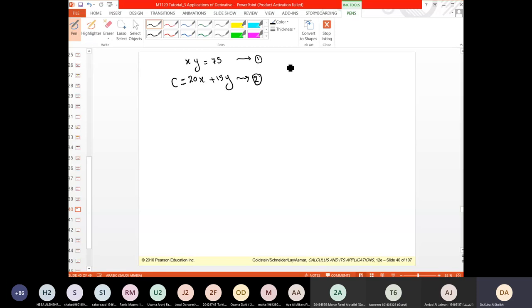This is my cost. So from equation 1, I can get x is equal to 75 divided by y. Let me call it equation 3. So in step number 1, I'm gonna put equation 3 in equation 2. You can see the slide well. The picture is clear.